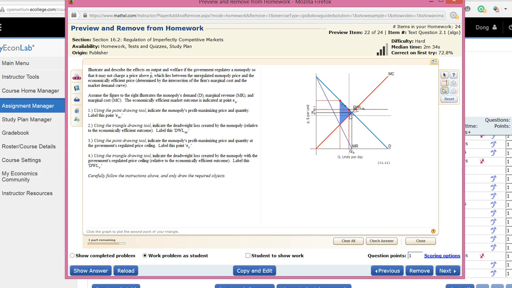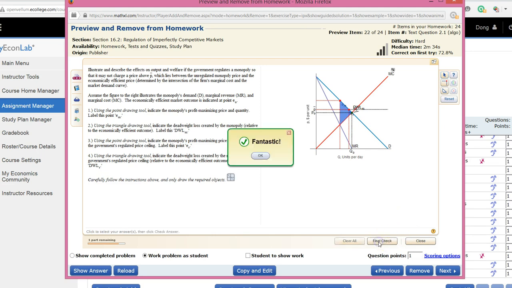This is kind of messy, but you can see from what I'm drawing that this is a new triangle. We need to pinpoint three points to pin down this triangle area. This is my new deadweight loss under the regulated case.